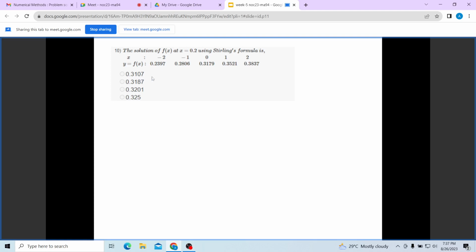Is it 0.3107, 0.3187, 0.3201 or 0.325? Just use Stirling's formula, find the difference table and find the value of p and then use Stirling's formula. Calculate it.